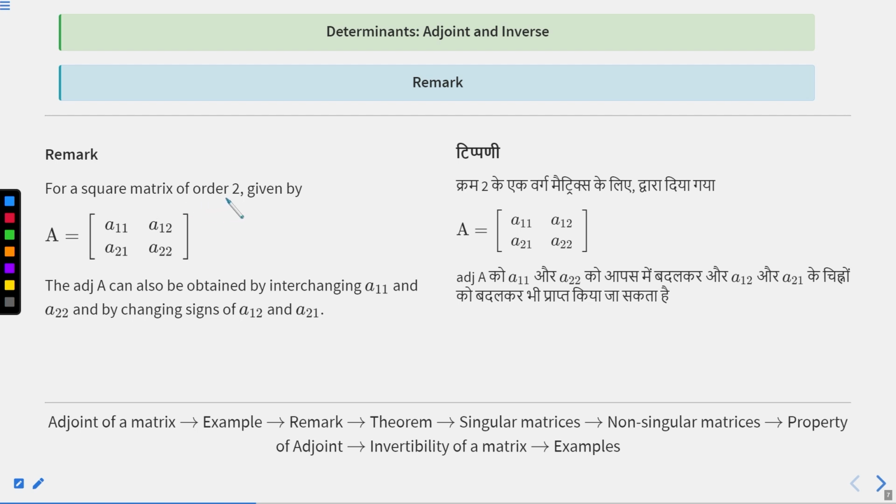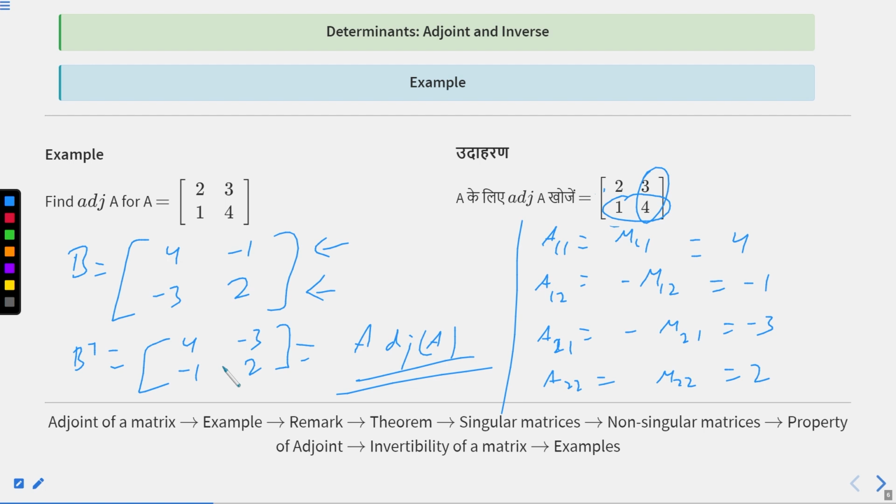For a square matrix of order 2 given by this, the adjoint of A can also be obtained by interchanging A11 and A22 and changing the signs of A12 and A21. As you can see in the previous example, these positions were interchanged: 4 is now in this position and 2 is at this position, and you just put a minus sign on the other entries.